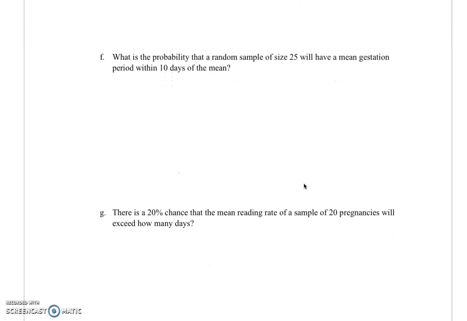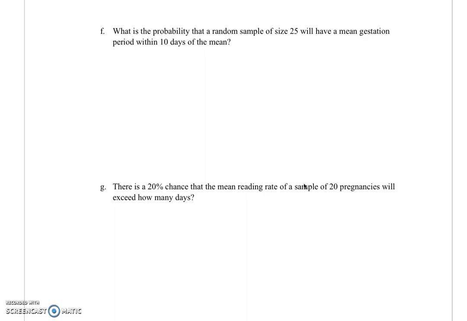Okay, what's the probability that a random sample of size 25 will have a mean gestation period within 10 days of the mean? So first of all, what does within 10 days of the mean mean? What are they really saying here? Well, let's draw our picture as always.